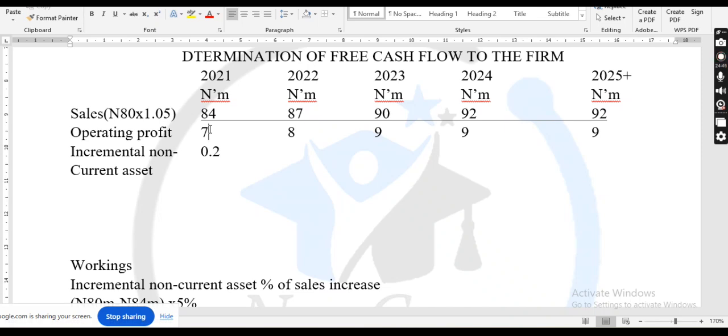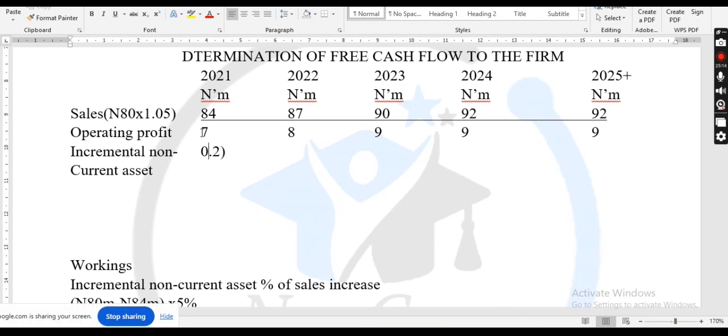It was 6.7 from the beginning. We can just leave the sales like that. You approximated this to 7. Leave it. And leave this one at 0.2.